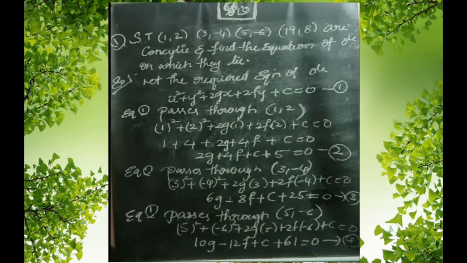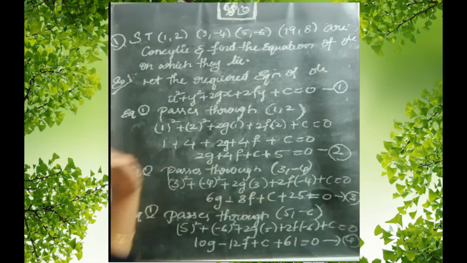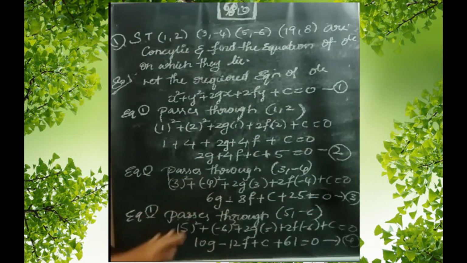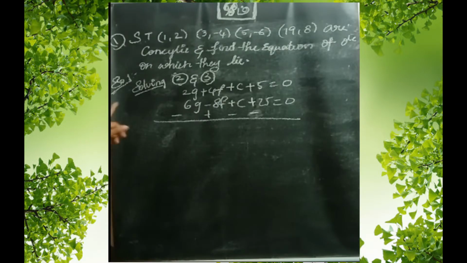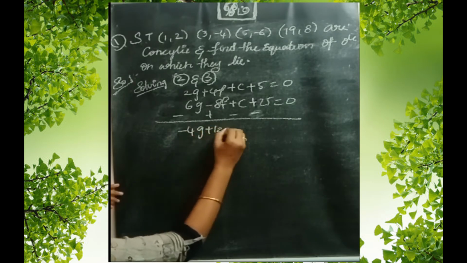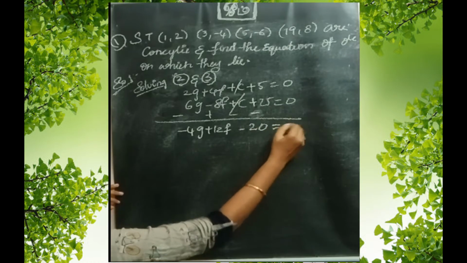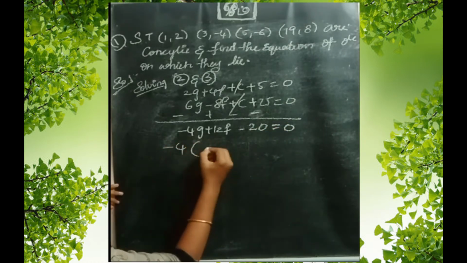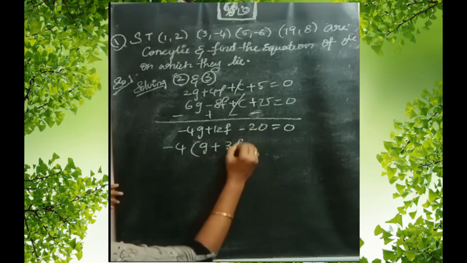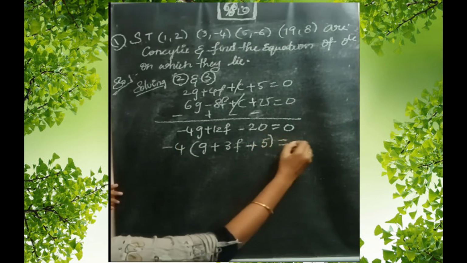Now equate 2 and 3, and 3 and 4. You can take any two, whatever is your wish. Now solving 2 and 3, we get minus 4g plus 12f, c gets cancelled, and minus 20 equals 0. Taking minus 4 common, g plus 3f plus 5, here plus, don't make a mistake here.